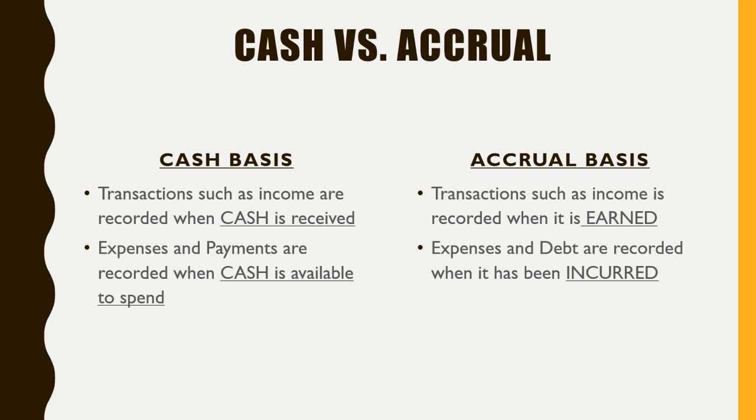So if I sell an item, that's a revenue. The day that I receive the cash is the day I recognize that revenue. Same thing here: if a job has been completed, the day that I pay is when I actually recognize that expense.